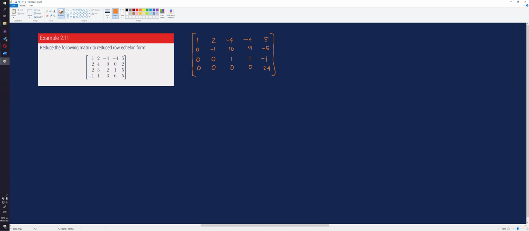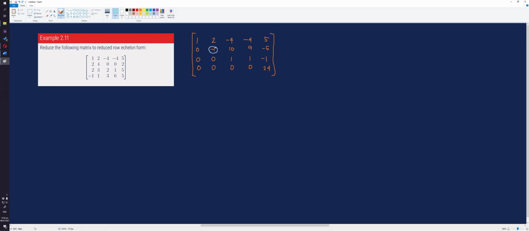The first thing that we will do is convert every leading entry in this row echelon matrix to 1. Notice that the leading entry for row 2 is negative 1, and the leading entry for row 4 is 24. So we need to do something about it.